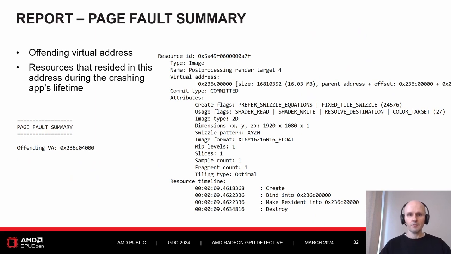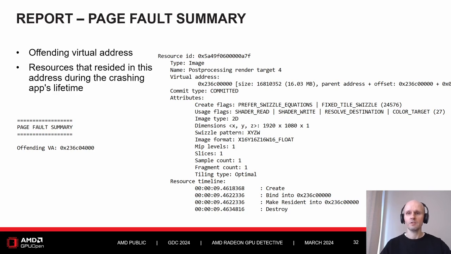As I explained before, there are various kinds of GPU crashes. If it was not a page fault, it likely means it was some hang. It could be, for example, an infinite loop in a shader or some draw code just taking too long. But if it was a page fault, the report will have an offending virtual address printed and the list of all resources, buffers and textures that ever existed in memory overlapping with this address.